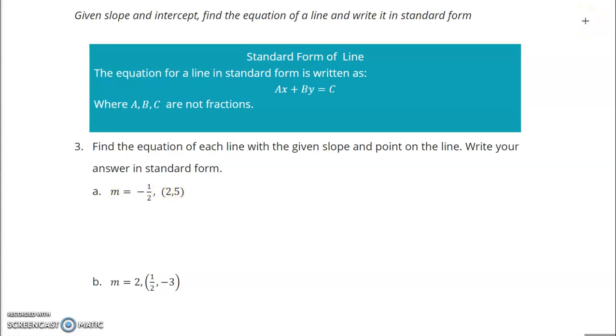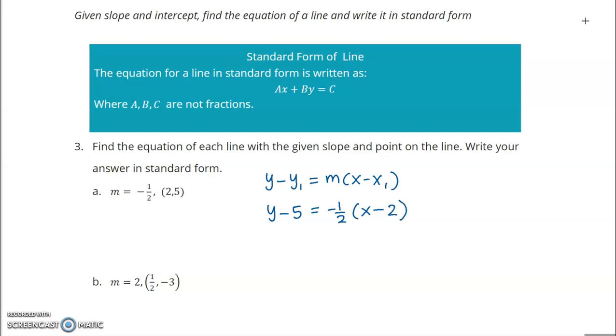So to do that, since we are given the slope and a point, we will use the formula y minus y sub 1 equal to m times x minus x sub 1. Then we plug in our y sub 1, the y-coordinate, that's equal to 5. The slope is equal to negative 1/2, times x minus our x sub 1, the x-coordinate.